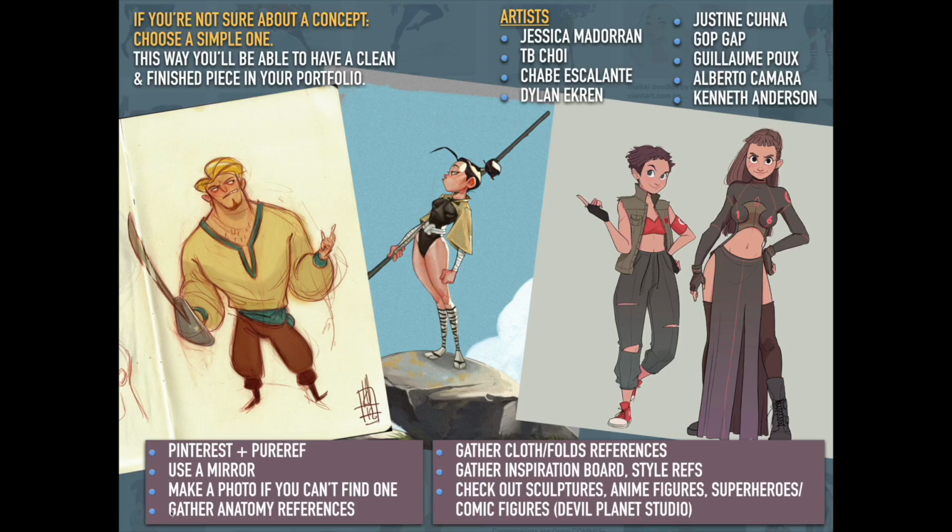Also try to gather cloth and folds references because these might be tricky. What I also do is I gather an inspiration board with the works of other artists if I want to try something new, some new style, or some details that I like in other artists' works.